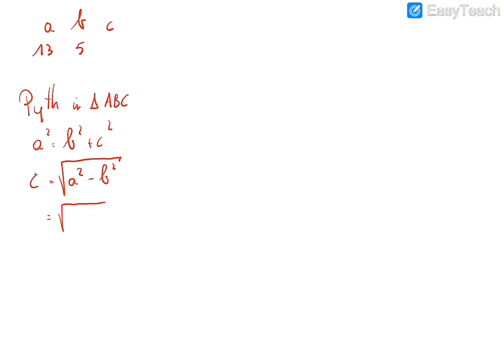So it's going to be the square root of 13 squared minus 5 squared, or 169 minus 25, square root 144, and therefore 12. So okay, now we know that C is 12.